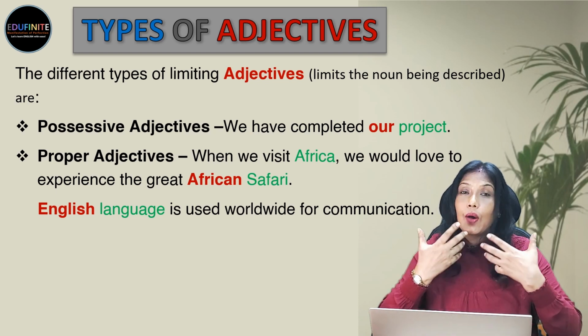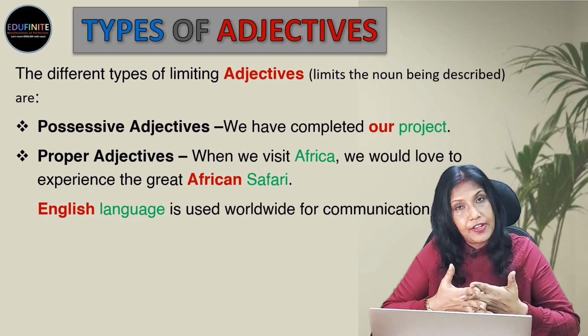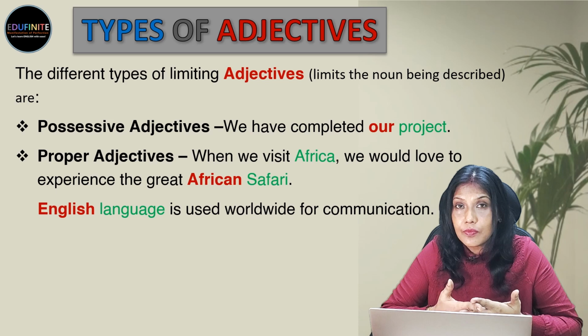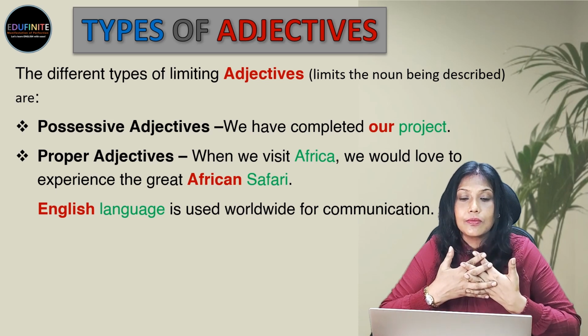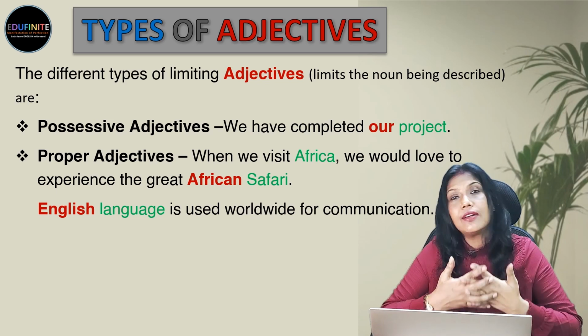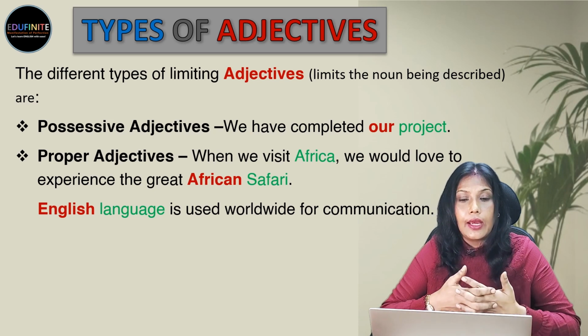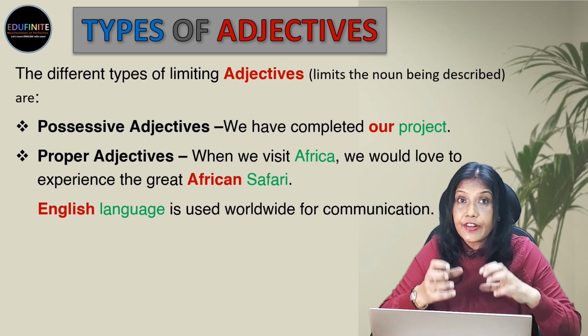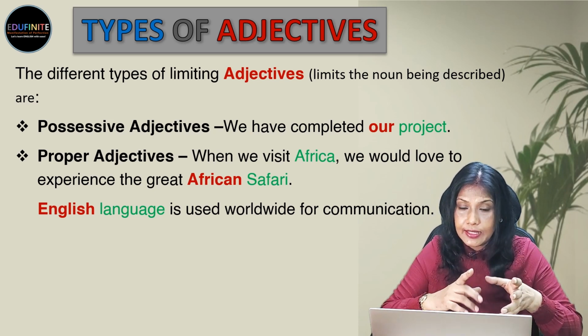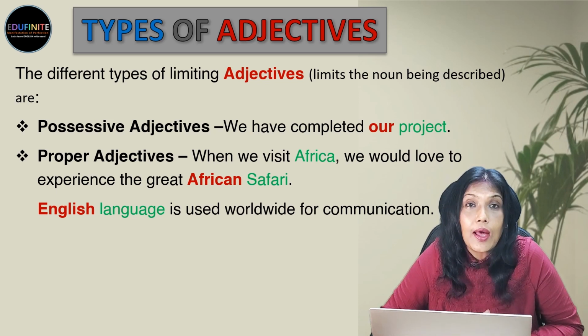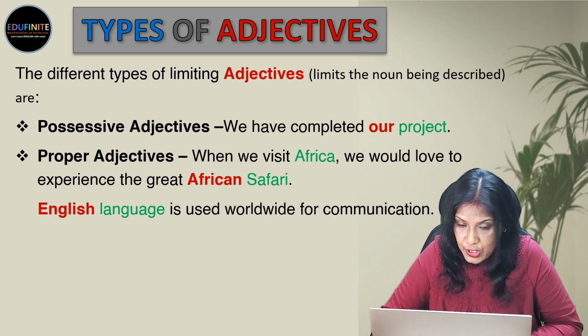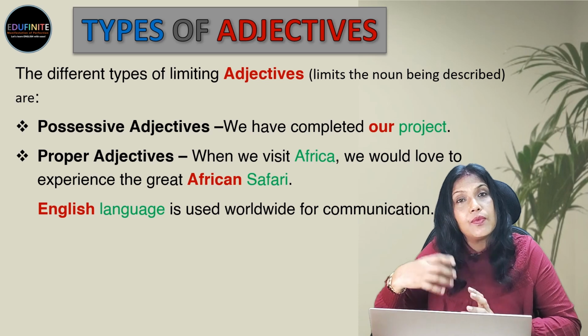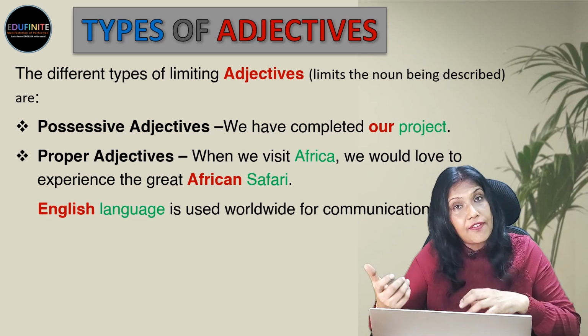Yes. So when we visit Africa, Africa, of course, is the name of a continent. So Africa over here is the noun, and African, derived from Africa, is playing the role of proper adjective because we have safari, which is a noun. So which safari?